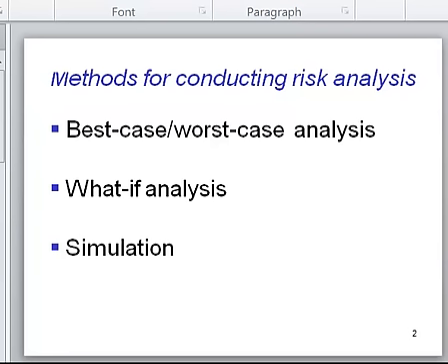We want to know whether changing assumptions and input parameter values might change dramatically or not the outcomes that we're calculating or the decisions that we're trying to make using the model.